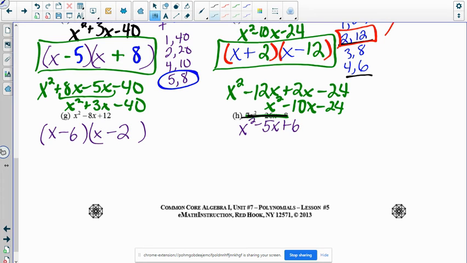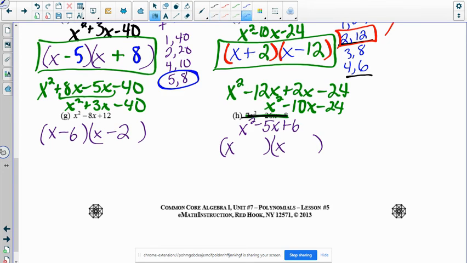All right, so hopefully you worked through these, you've checked your work, and you knew that g is going to be x minus 6 times x minus 2. I needed minus minus for my signs because that will multiply to be 12, and I wanted them to combine to be negative 8. And that's what I got. All right, the next one is a trickster. Hopefully you didn't fall for the trick and you've used your signs to help you and checked your work.